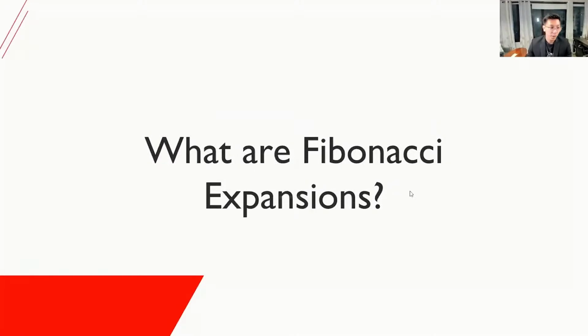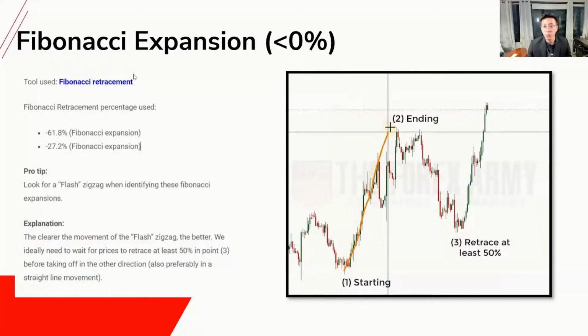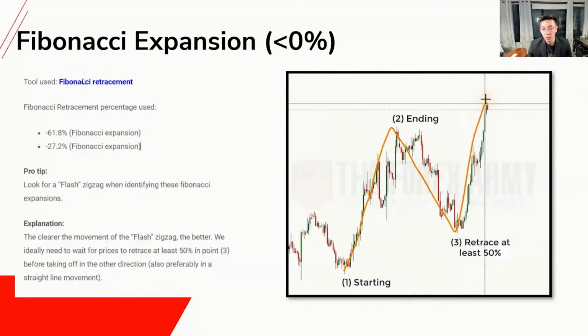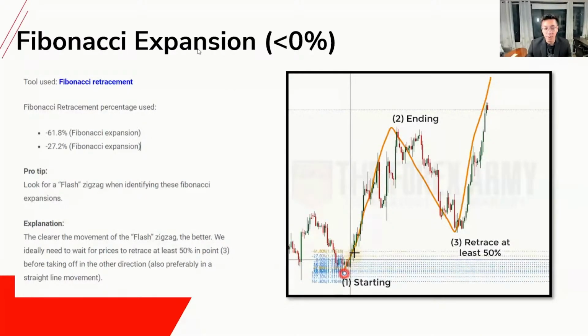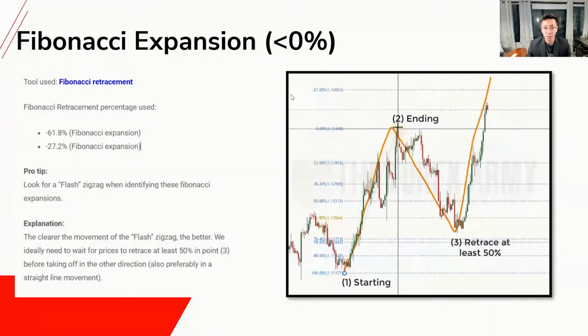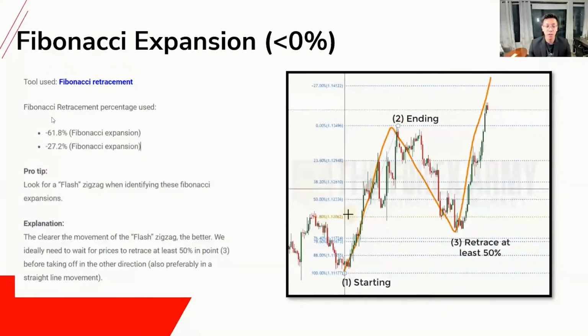So the next one I'll be going through with you is expansions. For Fibonacci expansions, the levels are less than the 0%. The two expansion levels that we will take note of will be negative 27.2 and negative 61.8.